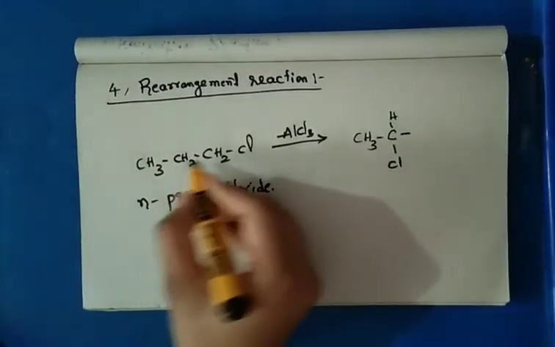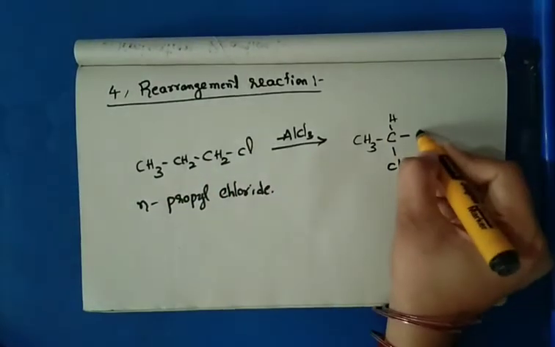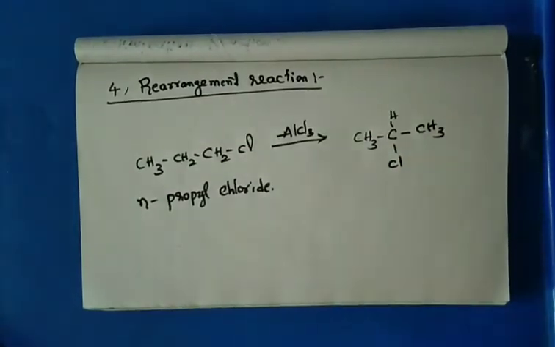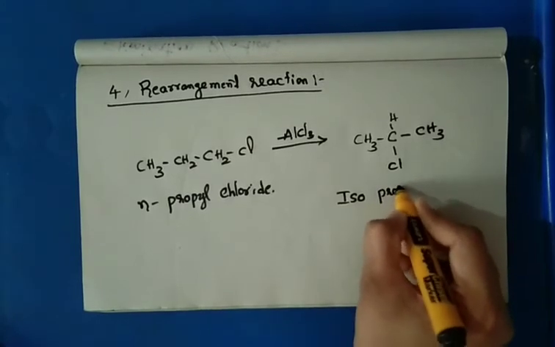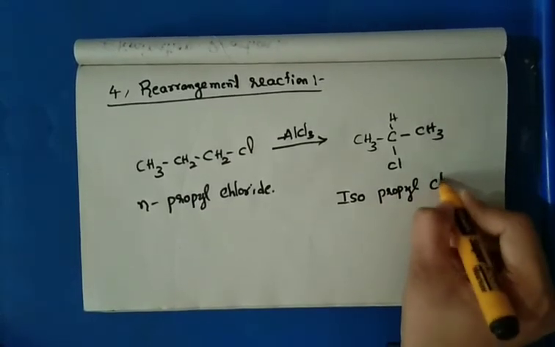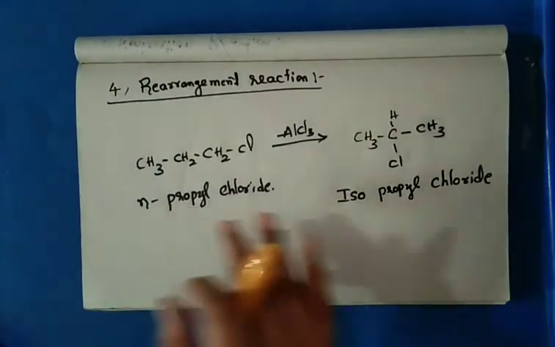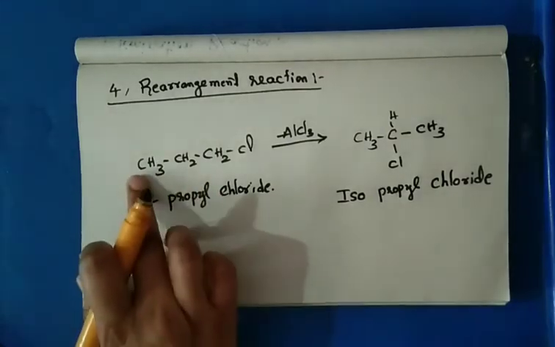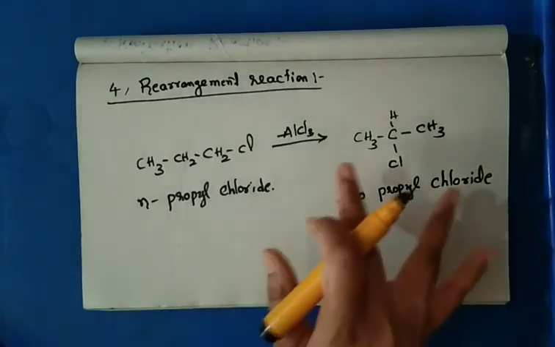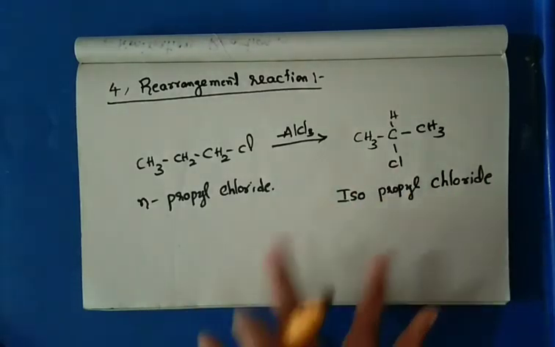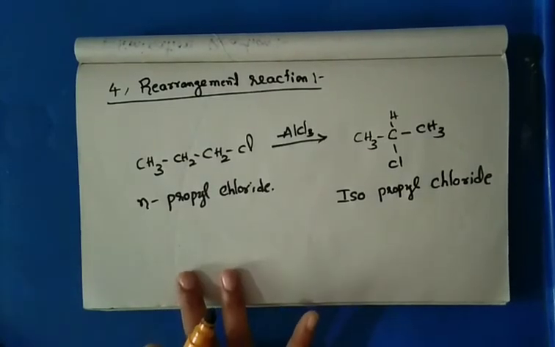It is isopropyl chloride. The formula is the same, meaning the number of carbons, hydrogens and chlorines is the same, but the arrangement is different. So this is the rearrangement reaction.